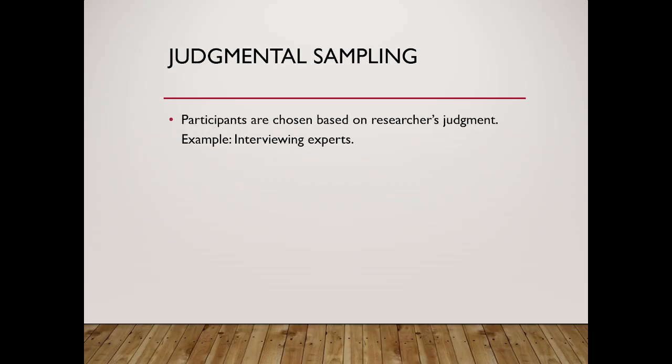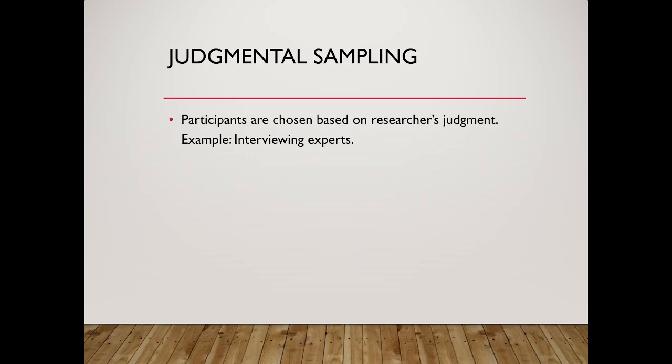The judgmental sampling, this is a method where the researcher selects participants based on their expertise or relevance to the study. In this case, as a researcher, you would only choose to interview those who are experts in the field or in your area of research.